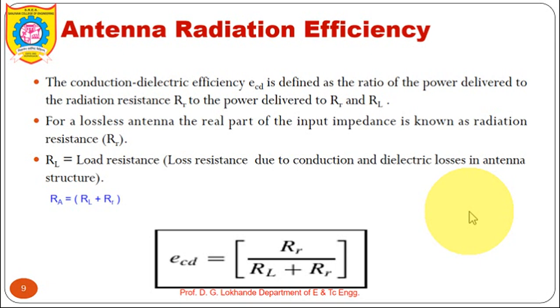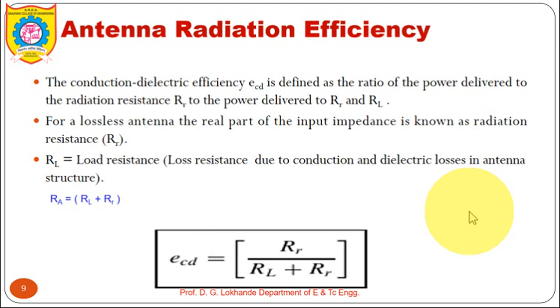For a lossless antenna, the real part of the input impedance is known as the radiation resistance, so there should not be any kind of losses. RL is the load resistance due to the conduction and dielectric losses in the antenna structure. So the antenna resistance can be calculated as RA is equal to RL plus RR.